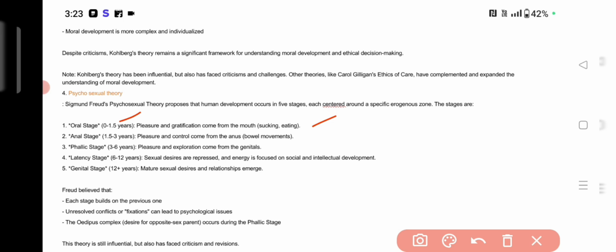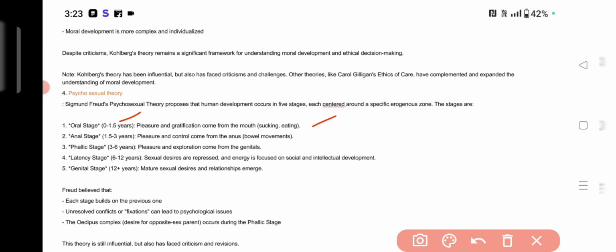Fixation, or excessive focus on the stage, can lead to an oral fixation and issues with trust and intimacy or dependency.